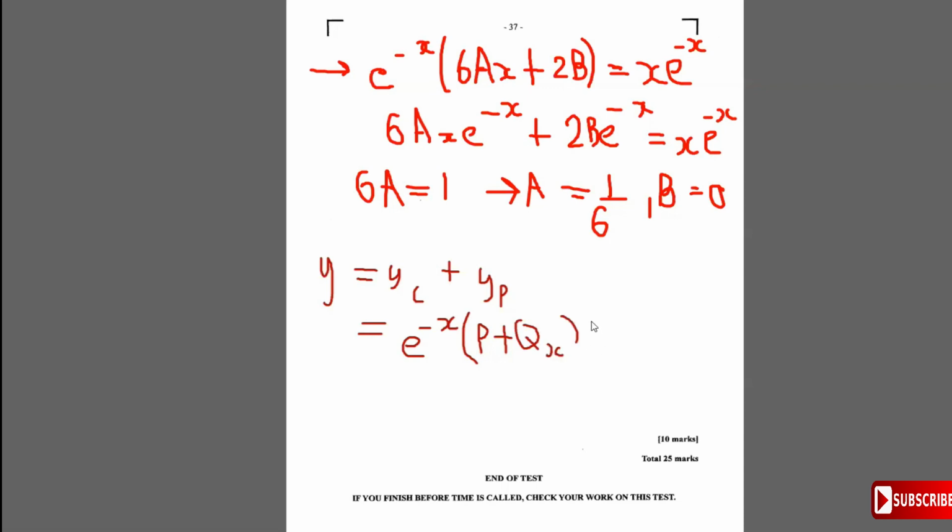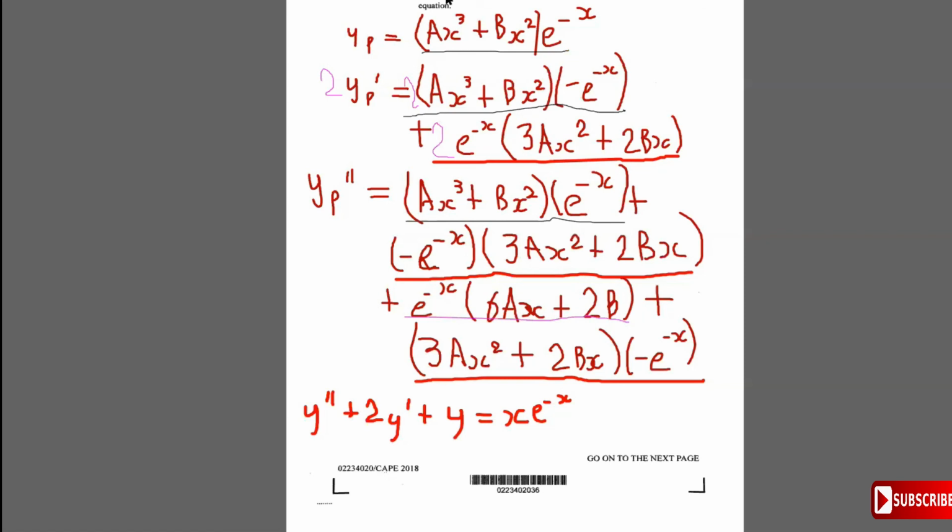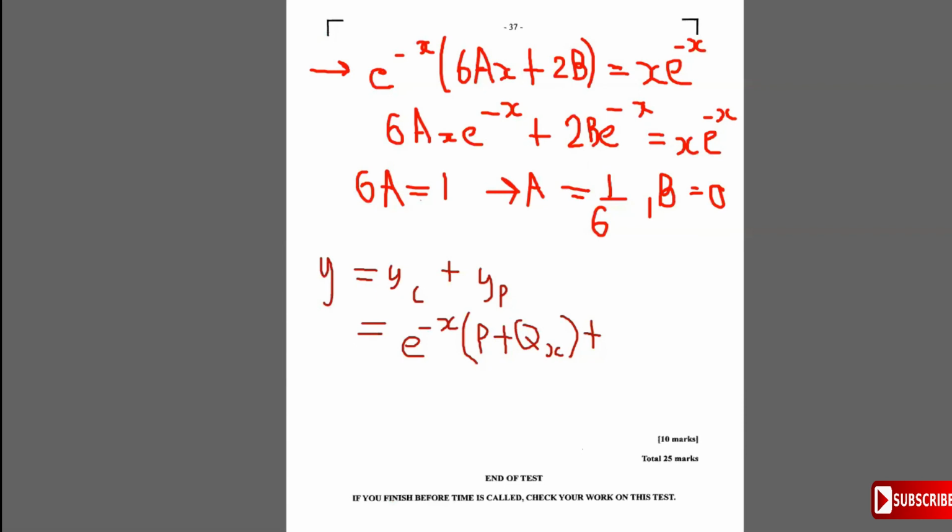And then plus yp, this particular integral, which they told us was ax cubed plus bx squared, e to the minus x. Now b is 0, and so it is just a, which is 1 over 6 x cubed e to the minus x. So it's just plus 1 over 6 x cubed e to the minus x.